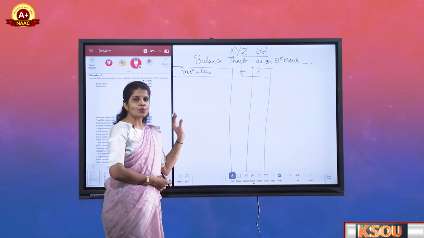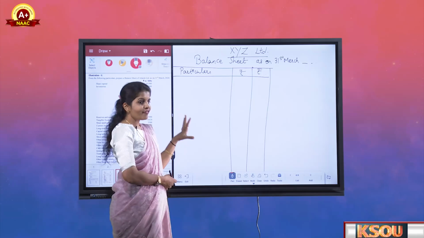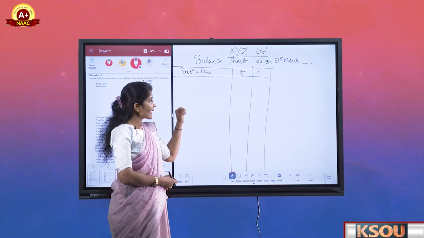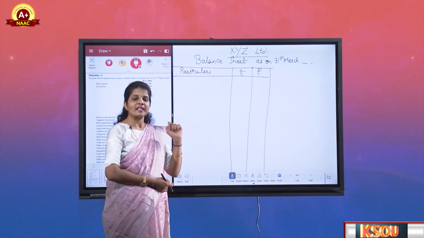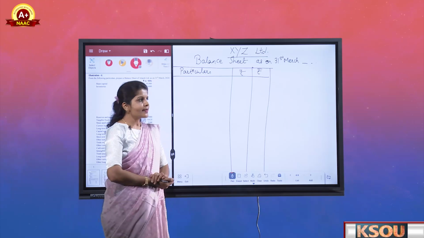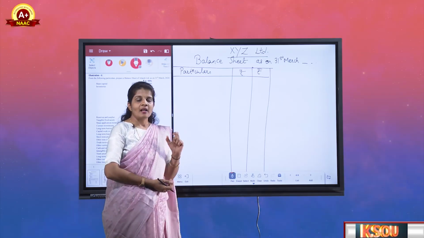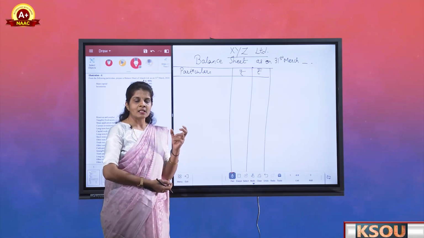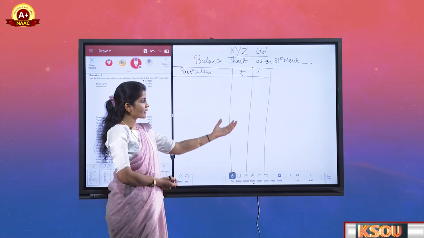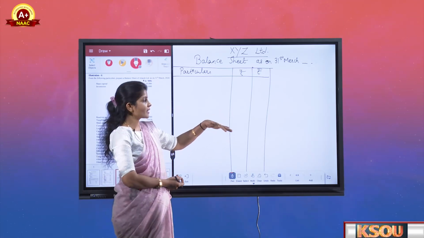So what is included under the liability side? The first item of the liability side is always the shareholders fund. Okay, so the shareholders fund will be the first item, since it is a long-term liability of the business.